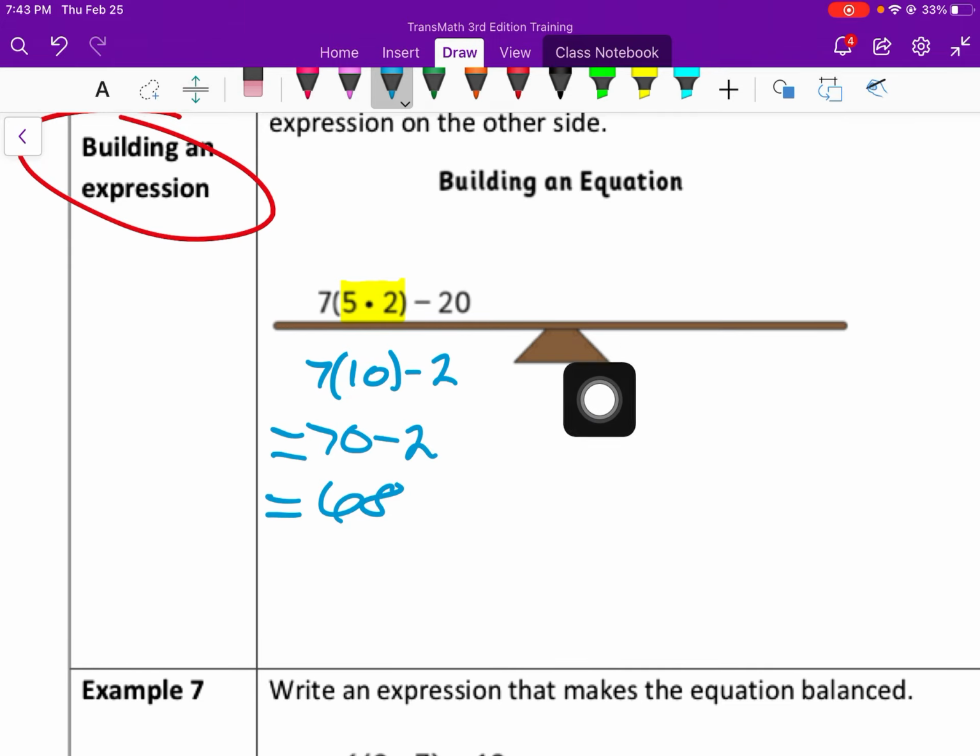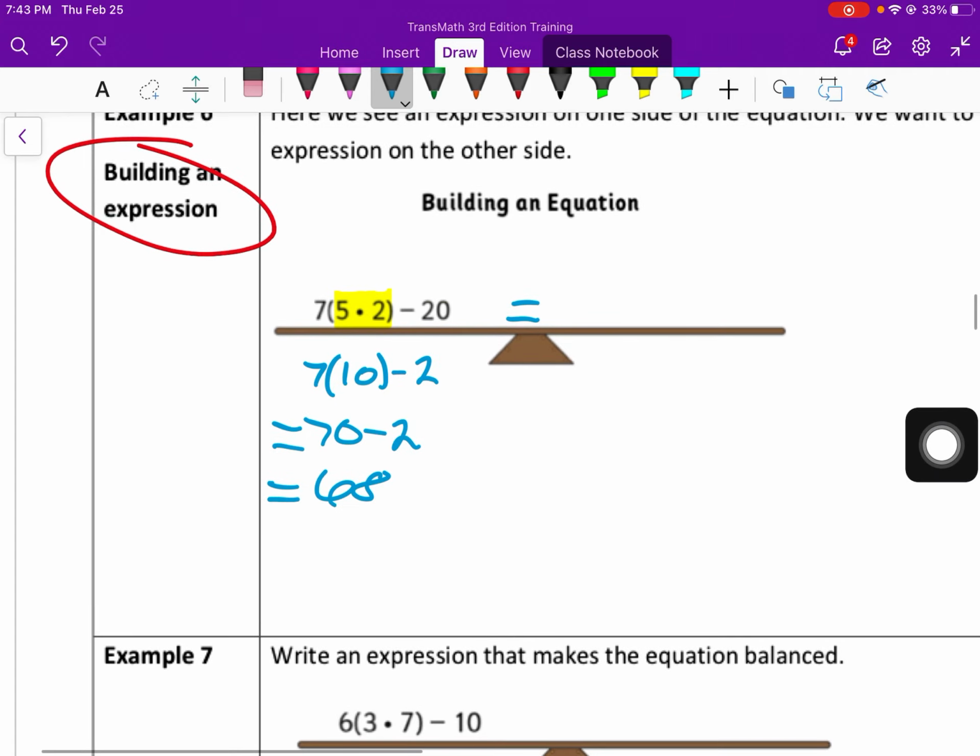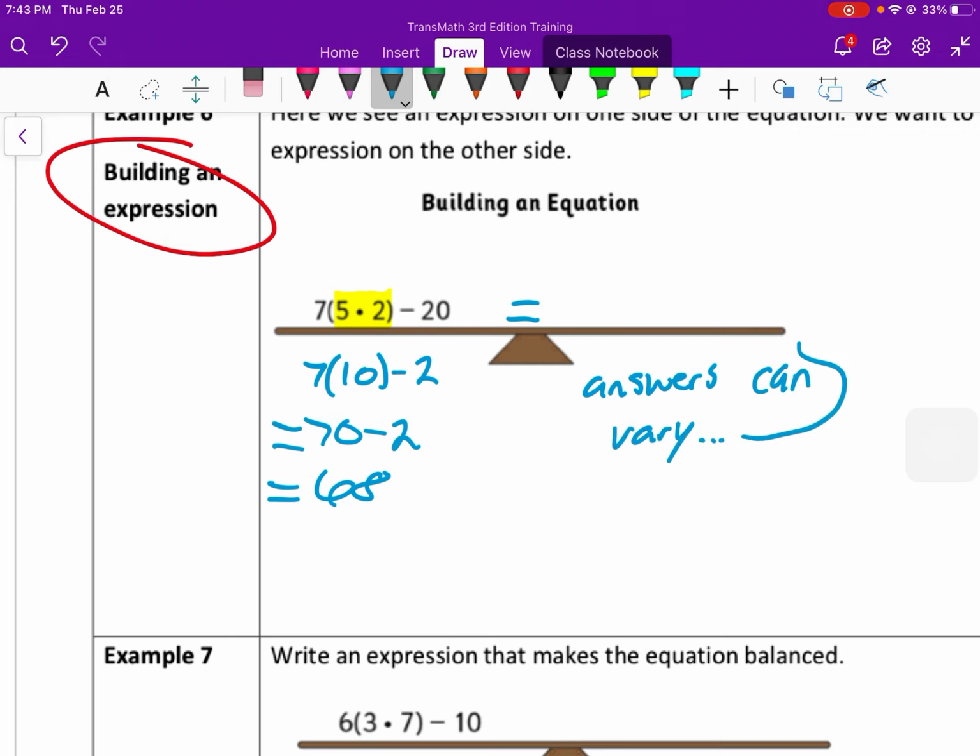So for the expressions to be balanced or equal, the right side must also equal 68. So we can write an expression that equals 68. It can be anything, so your answers can vary up here.